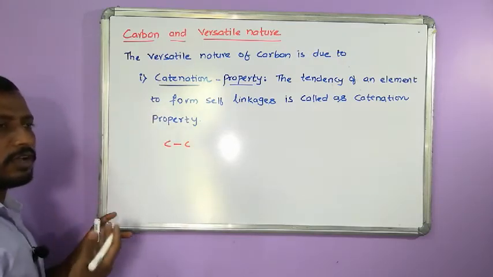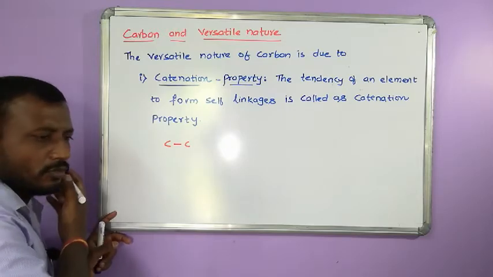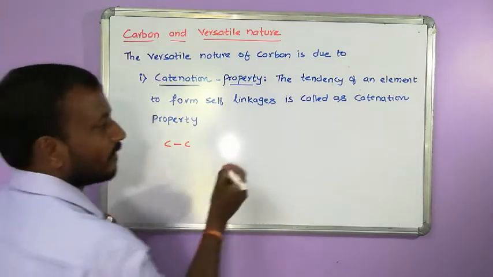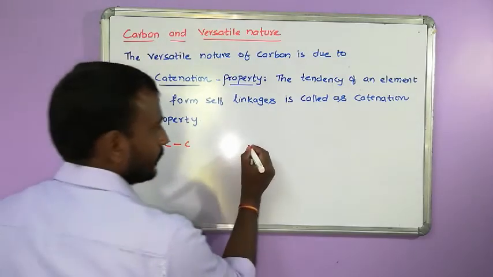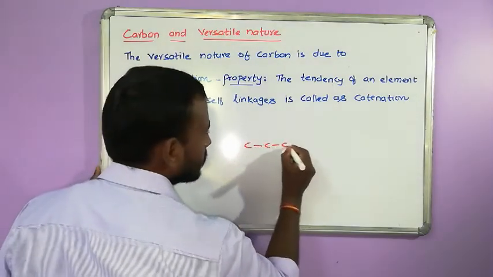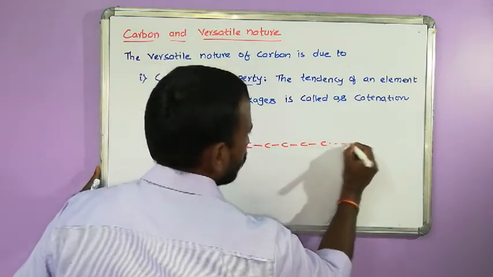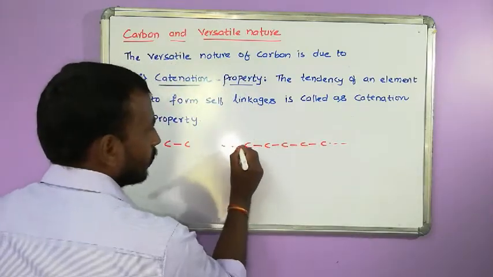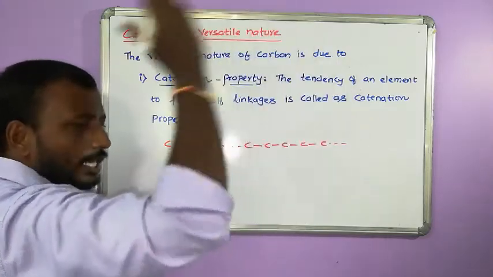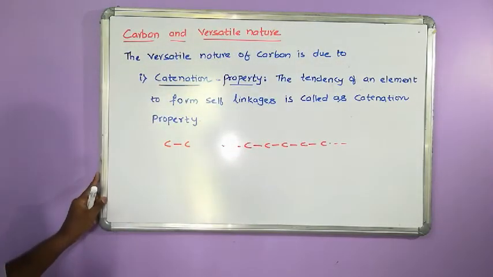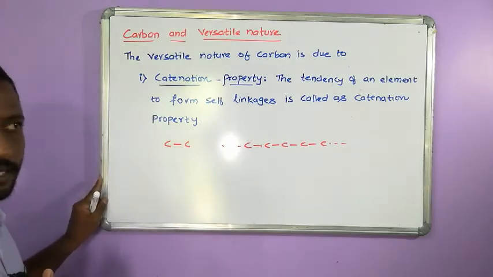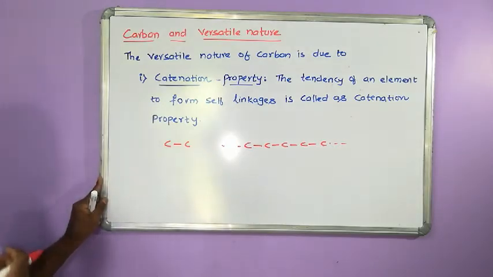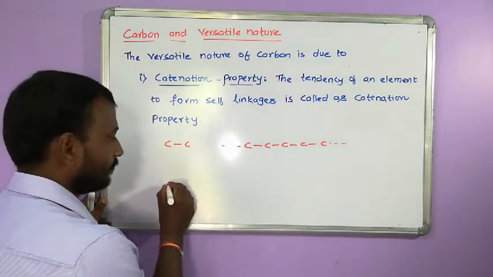By formation of single bonds, carbon is going to link to an infinite number of carbons. We are reading polythene, and so on. It is going to form long chains by forming linkages with its own atoms. So this linkaging property with its own atoms is called catenation property.